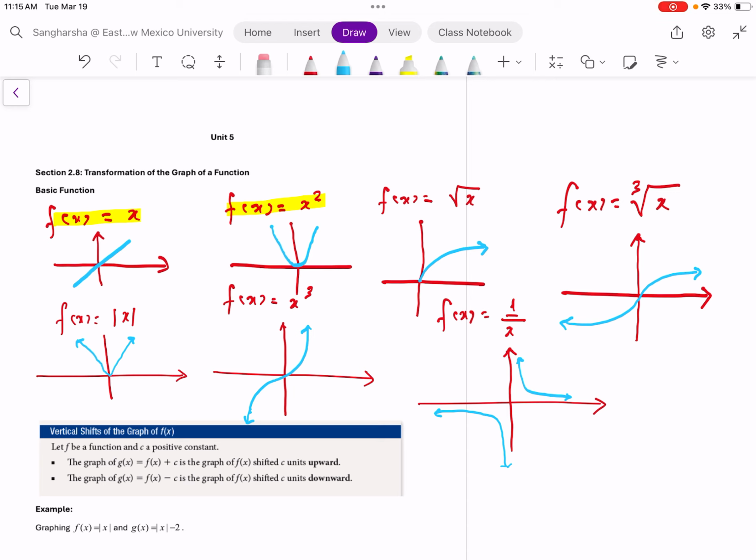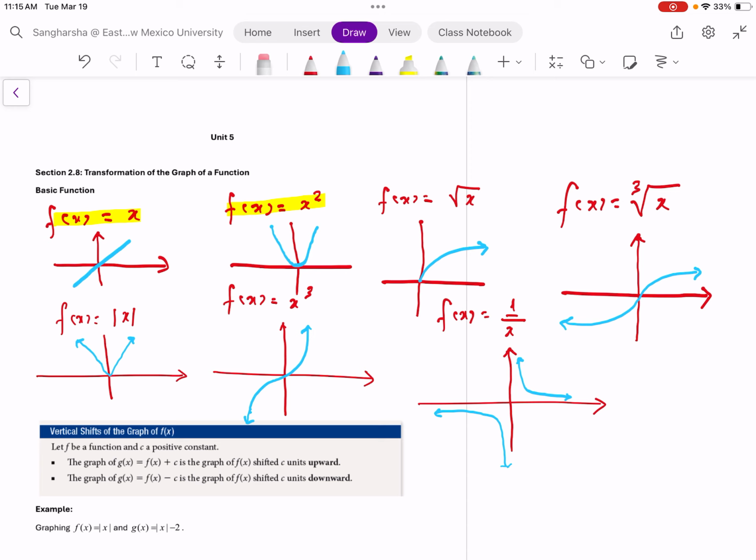So we use these graphs. Okay, these are the graphs for the very basic functions, and with the help of these graphs we will graph the more complex graphs. So you should know the shape of these graphs.